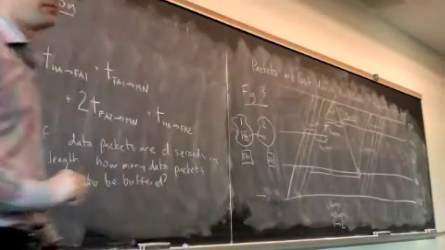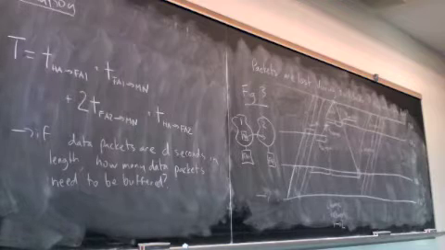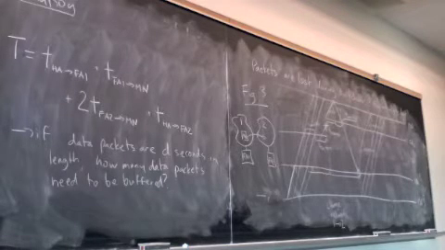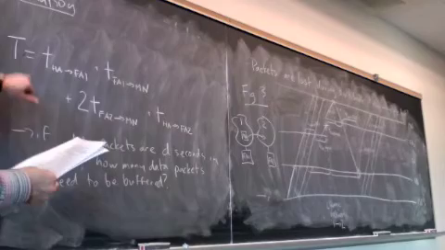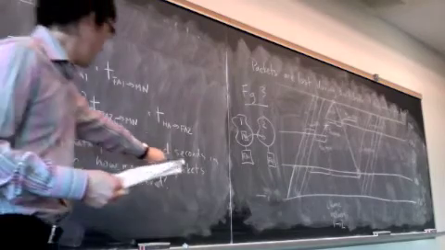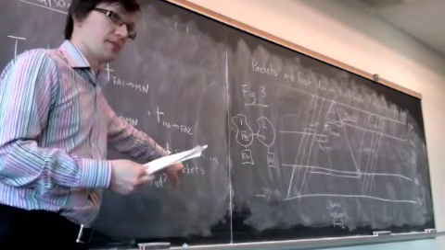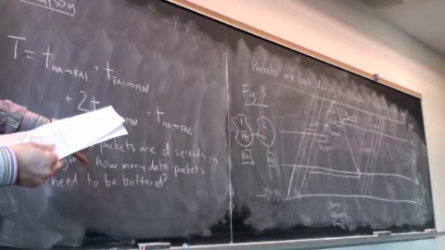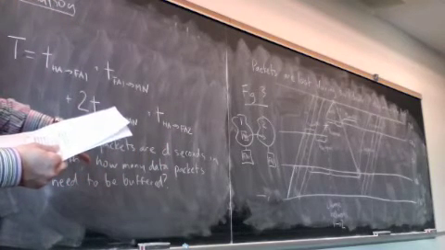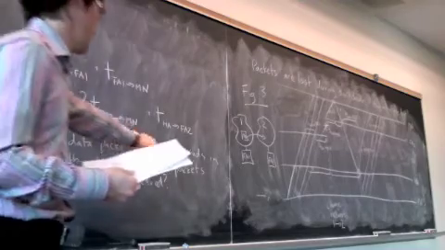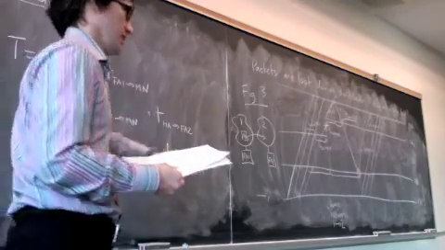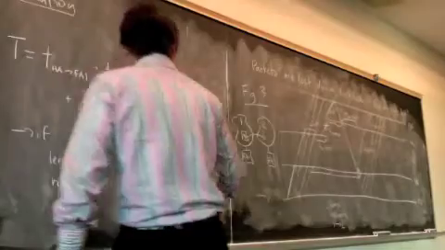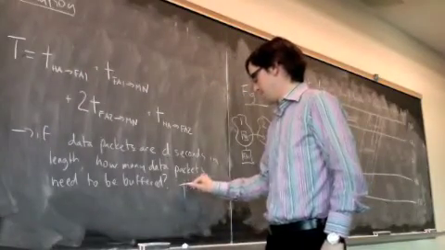Any ideas? I have T seconds of dead time and d seconds per packet. So how many packets? It's T over d, I think. Seconds divided by seconds per packet gets packets. It's capital T over d.